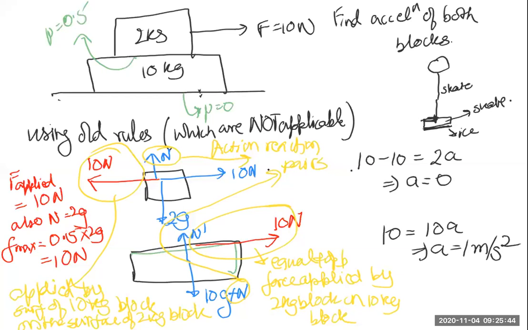So this is the skater, and here the friction is very large, and here the friction is almost equal to zero.